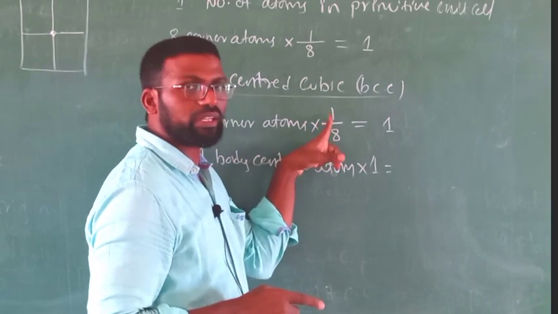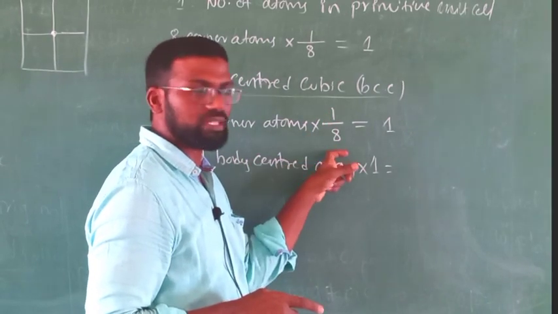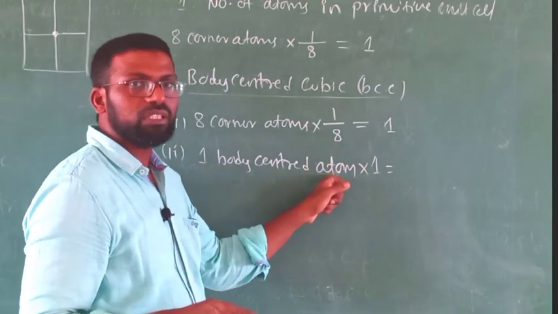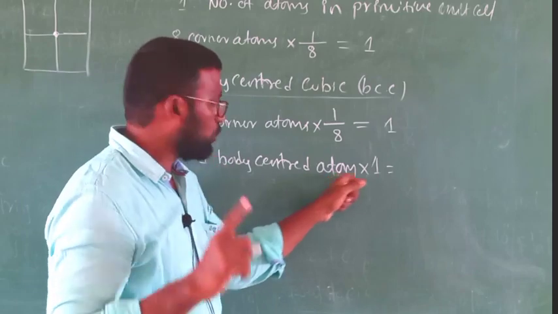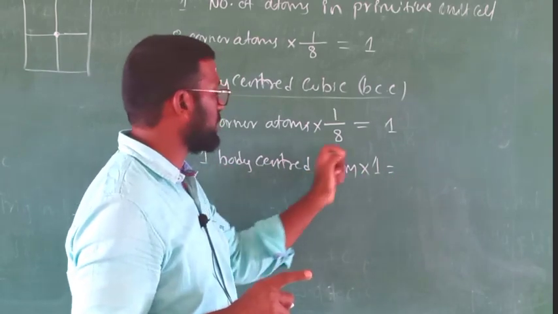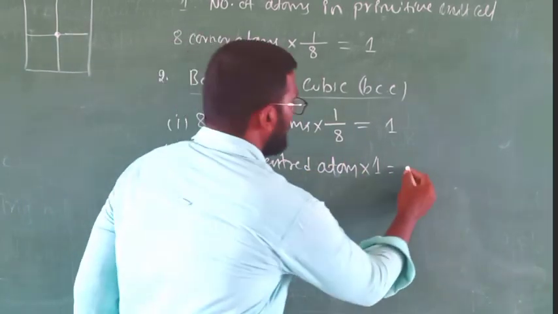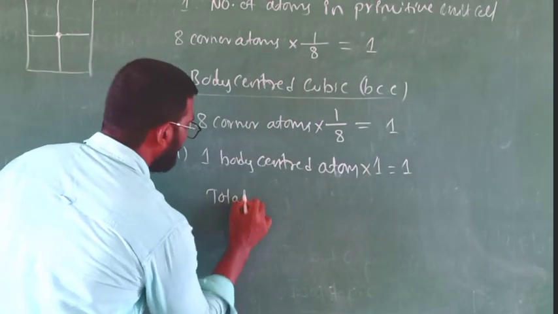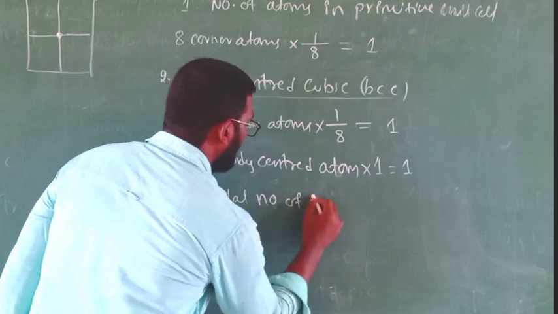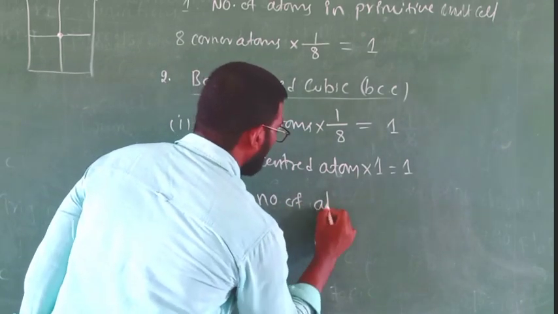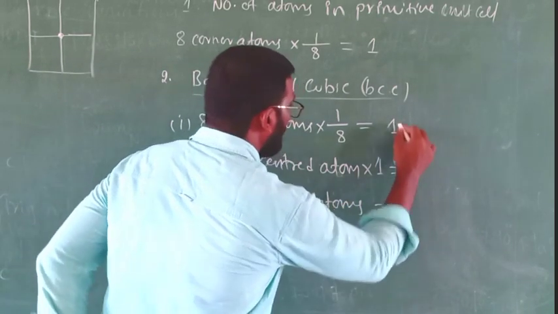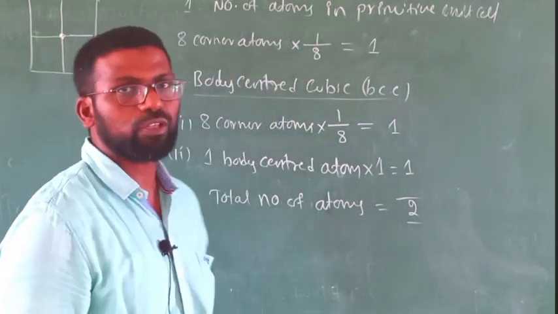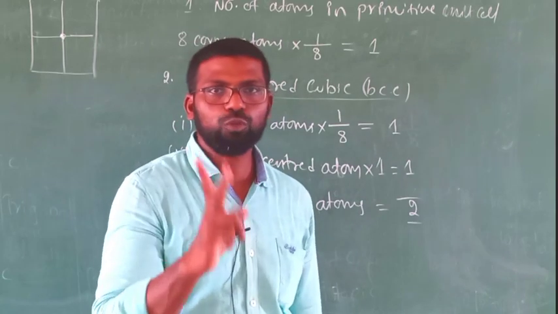Here one corner particle is in contact with 8 other unit cells, while one body-centered atom is in contact with only one unit cell, that's why we have written 1 into 1, which is equal to 1. Then the total number of atoms is 1 plus 1, which is 2. So BCC, body-centered cubic, has a total of 2 particles.